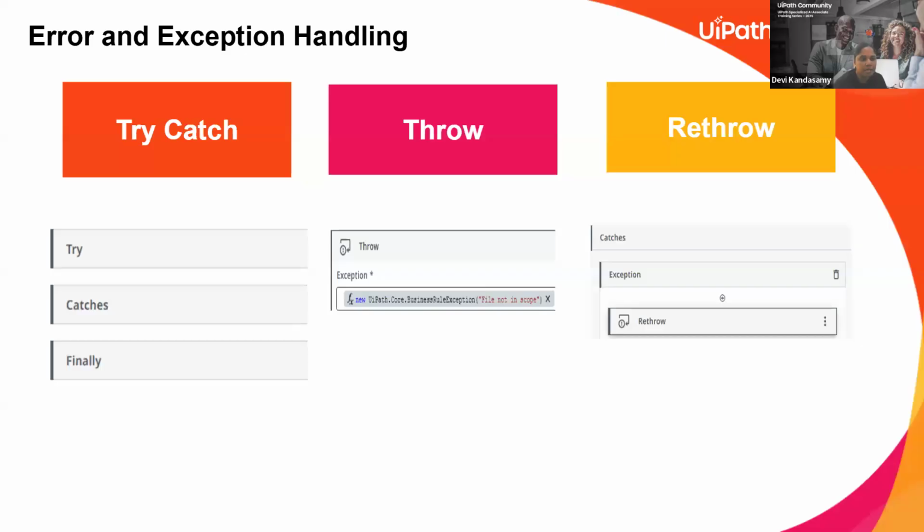Business exceptions are missing business rules where you do not want to continue the execution of the workflow for that particular transaction any further. To do so, you can use the throw activity to throw the business rule exception so that it will not continue further execution of these steps.